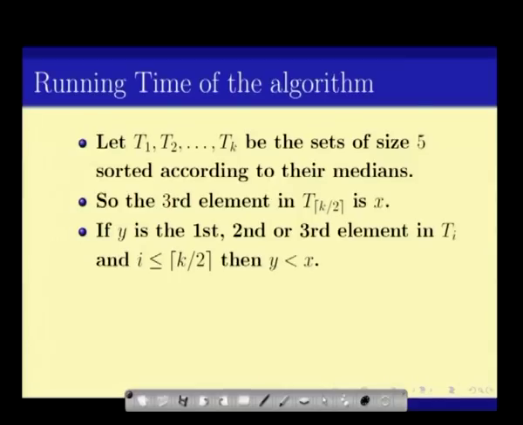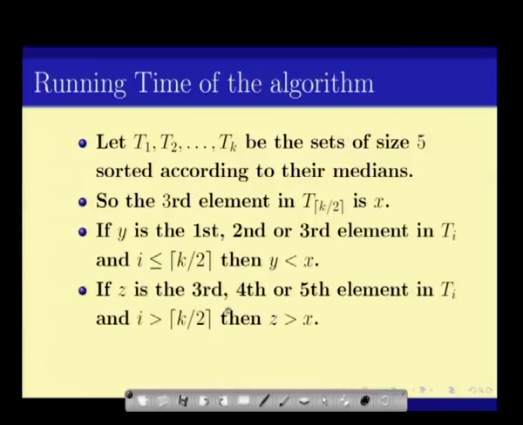And now, as we are drawing in the red and blue points, if y is the first, second or third element in Ti, where i is the set of columns which are on the left of the median x, then all of them will be less than x, and similarly the bottom right hand corner will be greater than x.